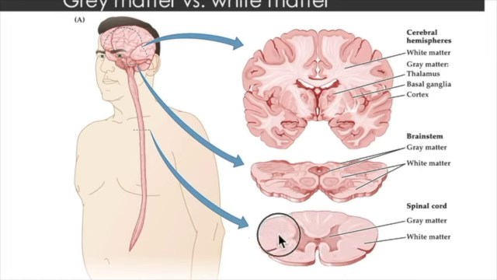So the dorsal and ventral horn of the spinal cord, which we talked about earlier, that's where the connections actually go through. And those tend to be gray matter-rich areas of the spinal cord. So there's this reversal in pattern between outside and inside, where at the level of the spinal cord, gray matter tends to be in the middle and white matter on the outside, whereas at the level of the brain, white matter tends to be in the middle and gray matter on the outside. And that has functional implications due to these structural differences.